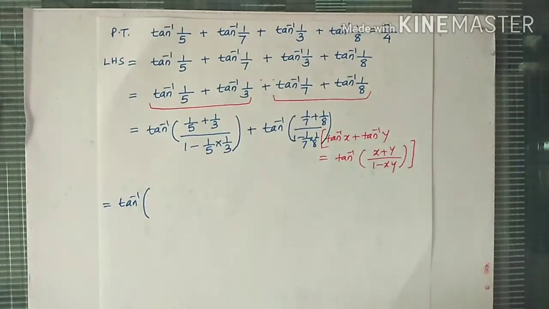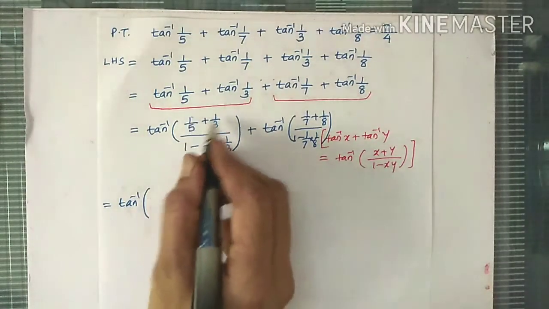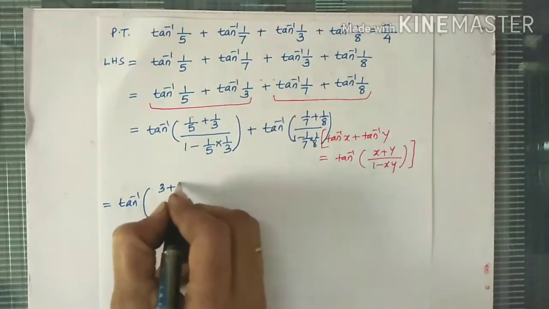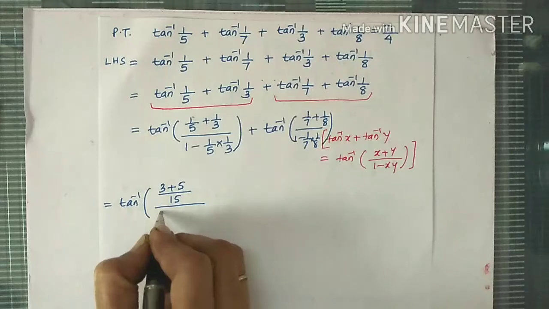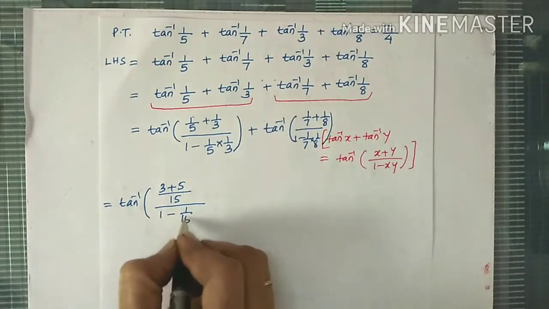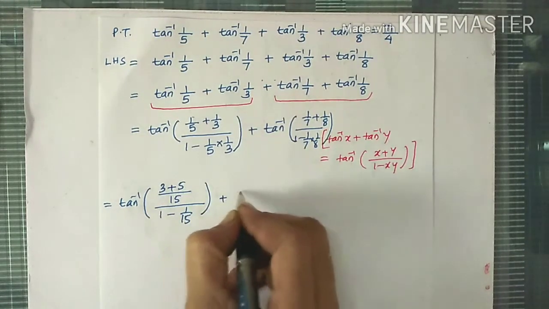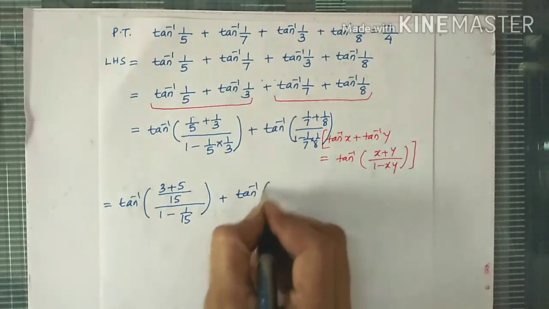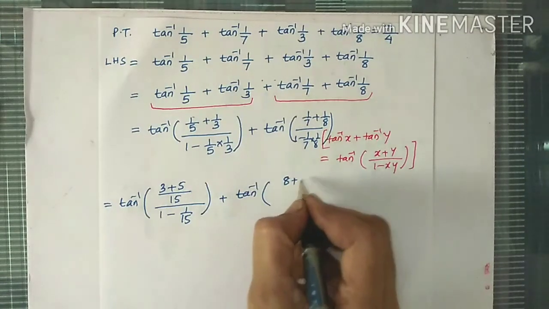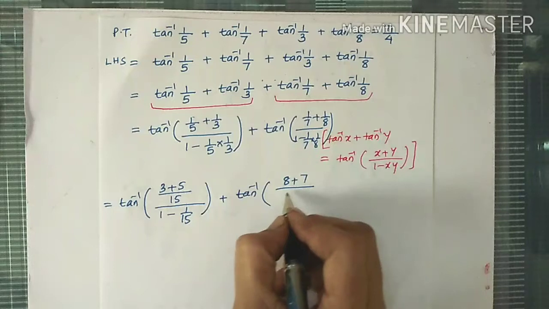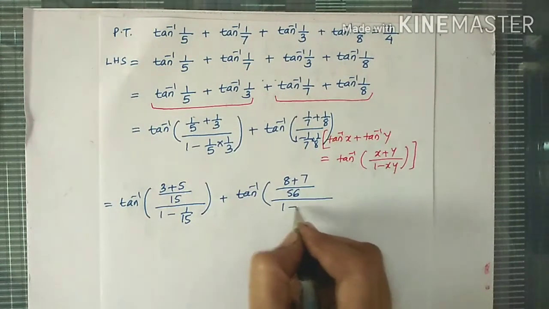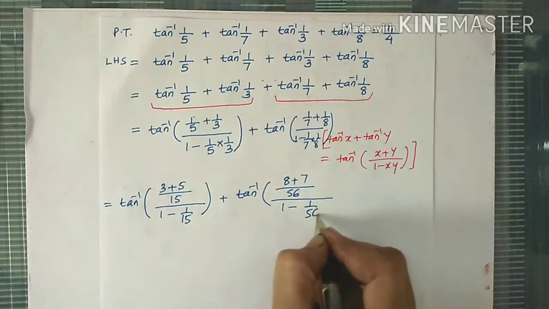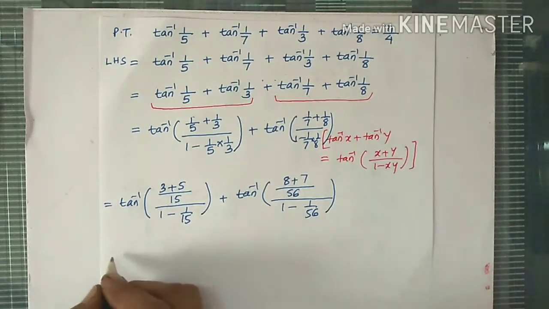Now simplifying, here we get (3 plus 5) divided by 5 into 3, that is 15. In the denominator we have 1 minus 1 by 15, plus tan inverse. This gives us (8 plus 7) divided by 7 into 8, that is 56, and here it is 1 minus 1 by 56.